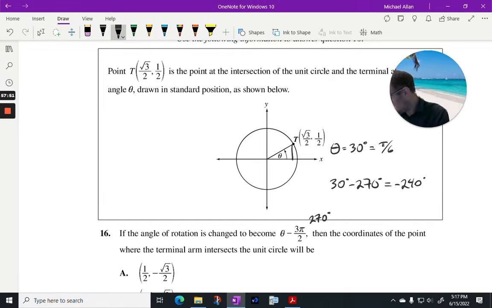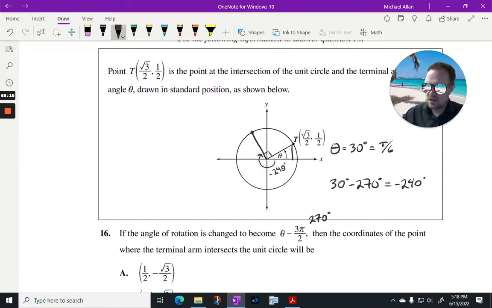So if you did that, it would end up being 120. But either way, your angle is going to end up right in here. Right there. So this would be negative 240 degrees. So you're minusing the 270. And you also see there's like a 90 degree left in there. But that's beside the point.